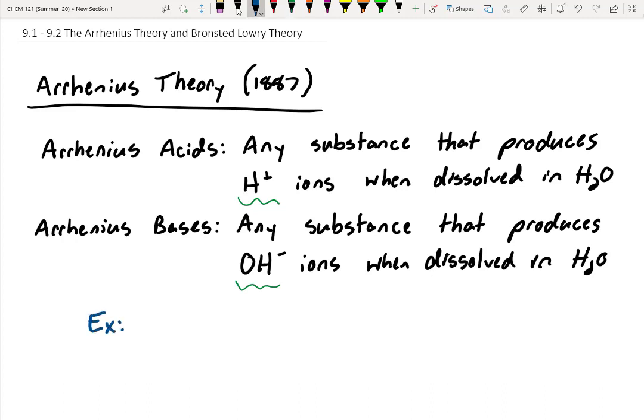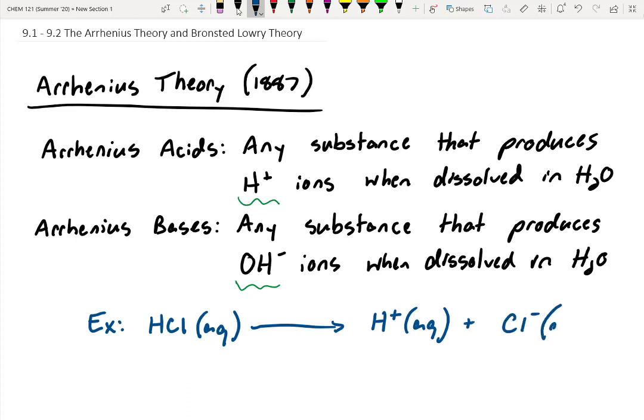Okay, in the first example, we've got HCl. That's hydrochloric acid. If this is in water, we would indicate this as being aqueous, which means it's going to split up into ions. And we'll get H plus ions, and we'll get Cl minus ions that will dissociate when dissolved in water. We could also have something like sodium hydroxide.